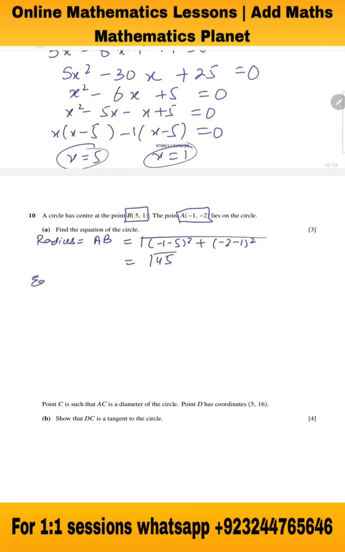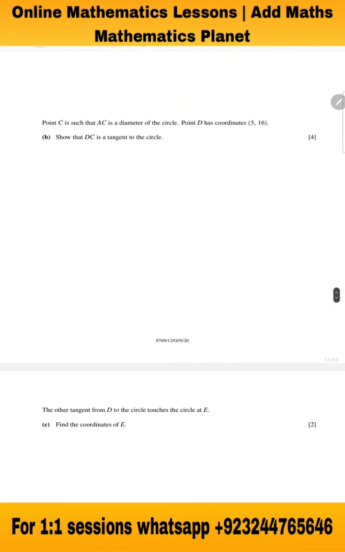Now we will find the equation of the circle. For finding the equation of the circle, we will always use the center of the circle. (x minus 5) whole square plus (y minus 1) whole square is equal to square root 45 whole square, which is equal to 45.